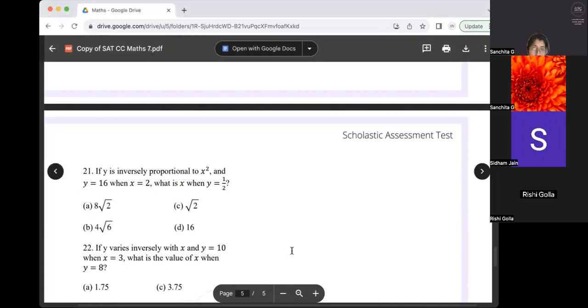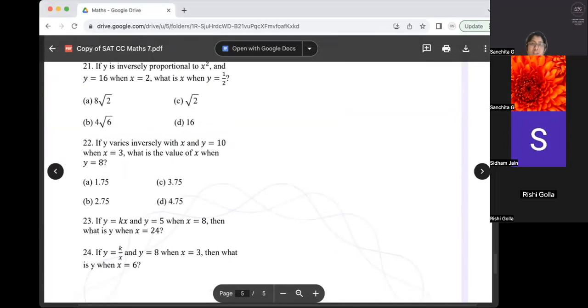Cool. And the last question is 22. C. Yes, good, same process, right? Inversely it is xy, right? So 30 by 8. Immediately I'll be getting C. Clear? Okay.